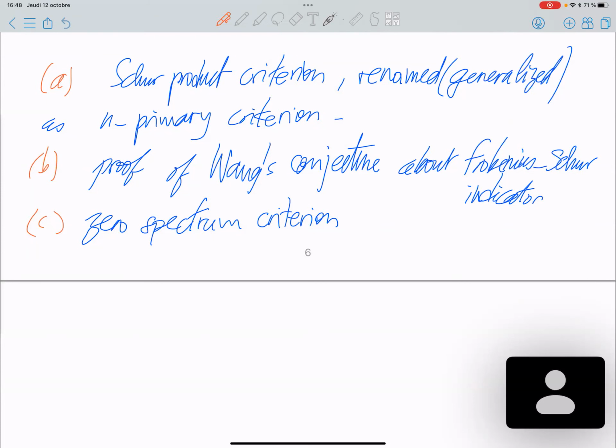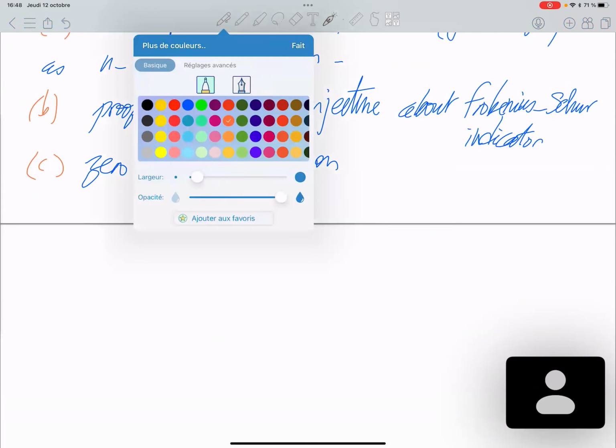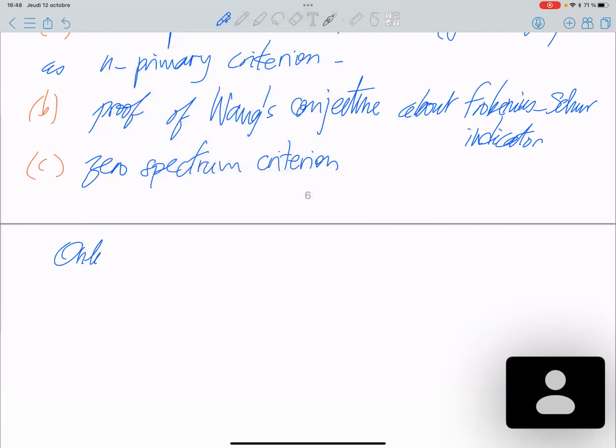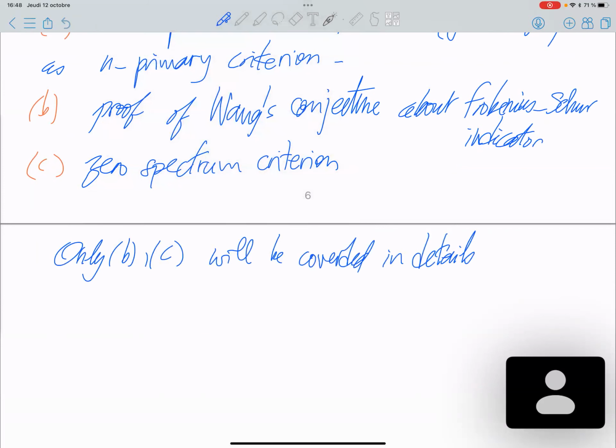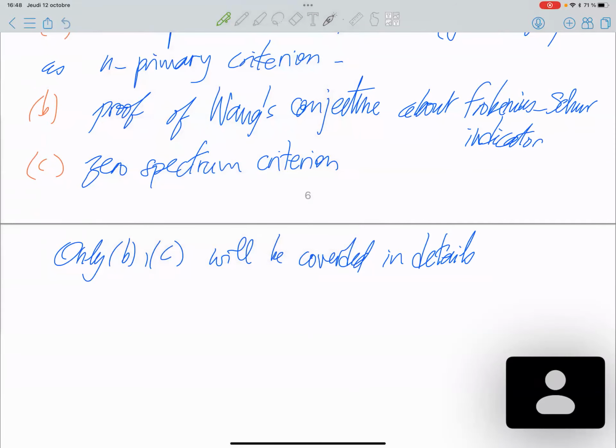Okay, so as I said, only B and C will be covered in detail, because they are contained in the paper we cover. A will be mentioned without details, but maybe we'll provide details in some next semester.